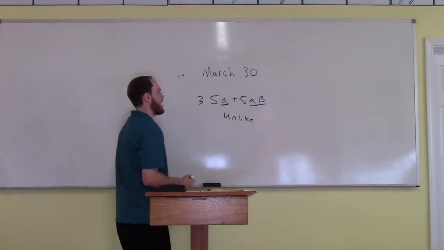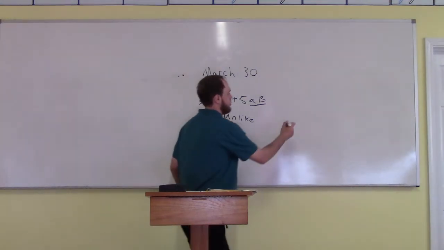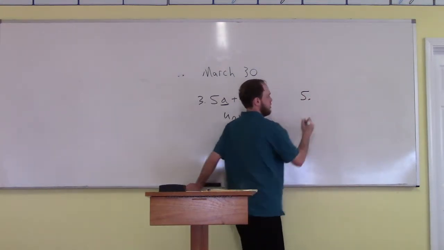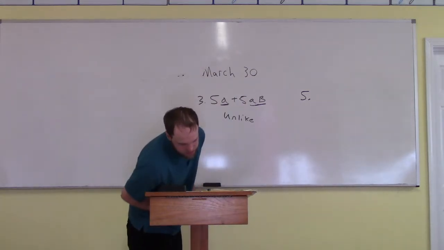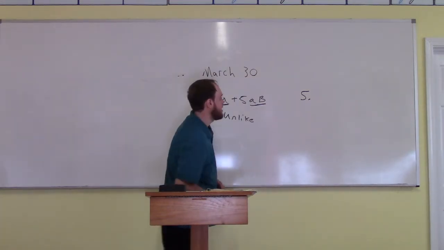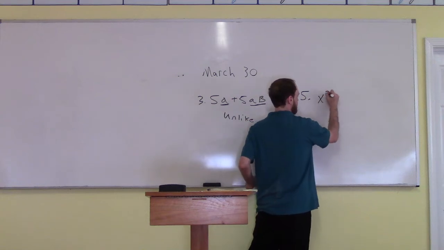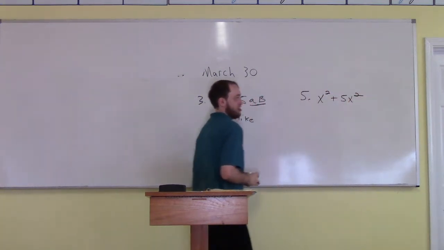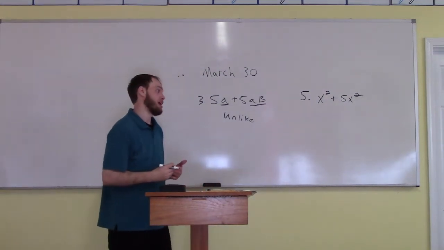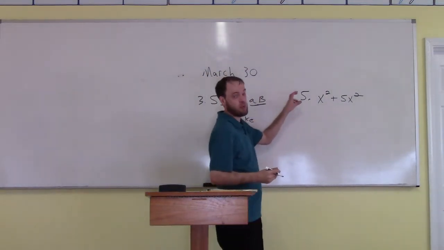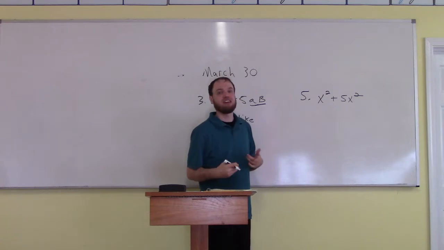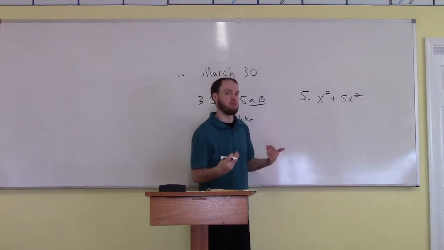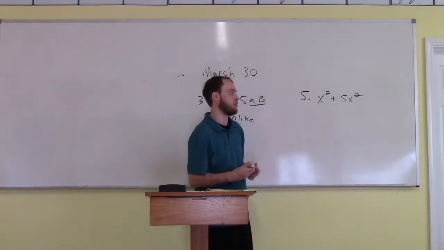All right, number 5, I'll just do it right here. So 5 says x squared plus 5x squared. So again, just telling if they're like terms or unlike terms. So the x squared, notice the definition said the same variable with the same exponent. So we can have exponents, that's fine, don't get confused with that.